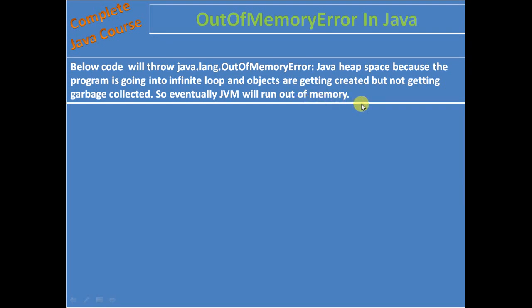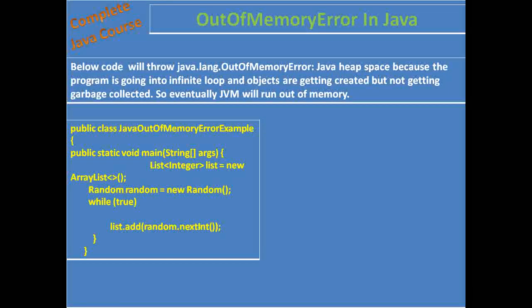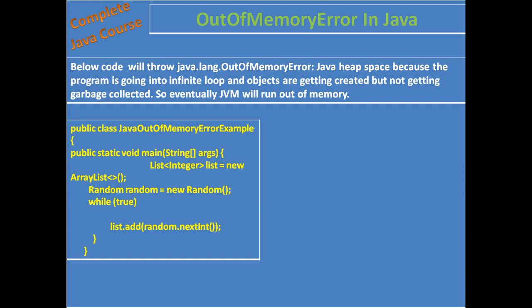Actually what happens? Here you are trying to add some elements infinitely. Okay, so here you create a Java class with a main method and create a list. You create a while loop with the condition true. So this loop will go on infinitely and you are adding a random number.